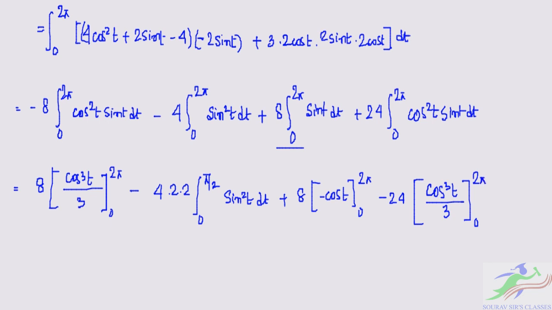Here it is 8 multiplied by 0, minus 16 multiplied by half into pi by 2, plus 8 multiplied by 0, plus 24 by 3 into 0. So everything is 0 except one term, and the result is minus 4 pi.